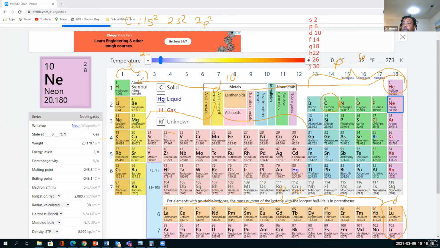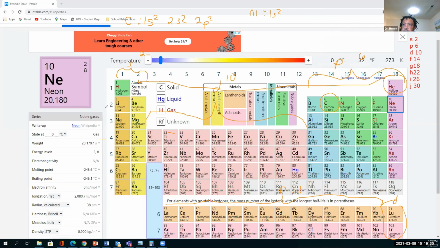Okay. So if we were talking about, let's say, aluminum, Al. How many total electrons does aluminum have? 13. Okay, let me use a different color so you guys can see it. So aluminum has 13 electrons. Again, we'd start at the 1s.